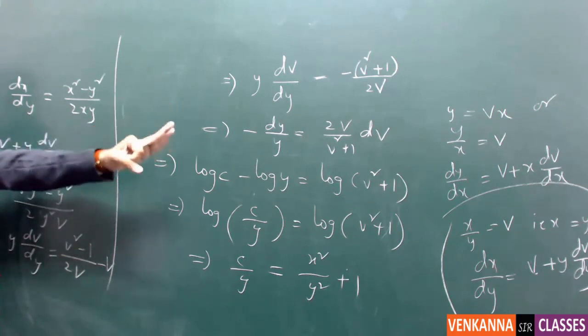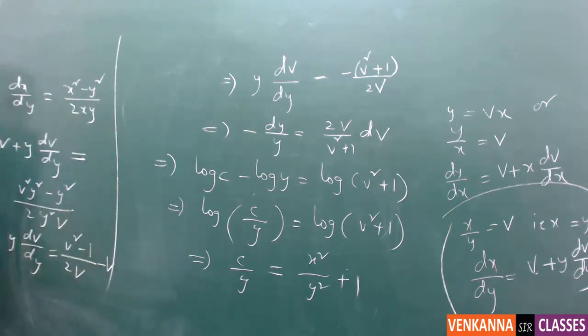These three categories come under the Cartesian coordinates. So we have to do the problems on polar coordinates also. Any queries up to this model?